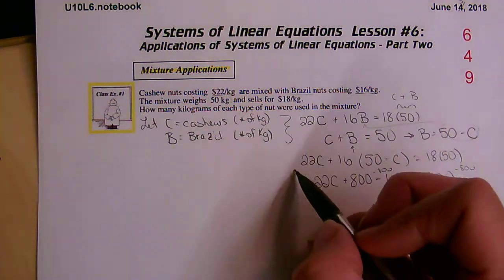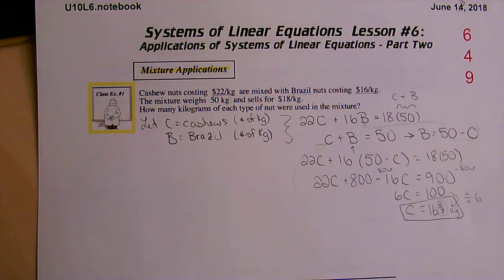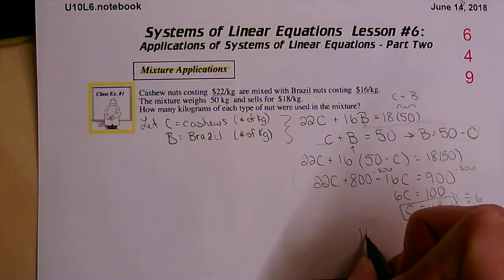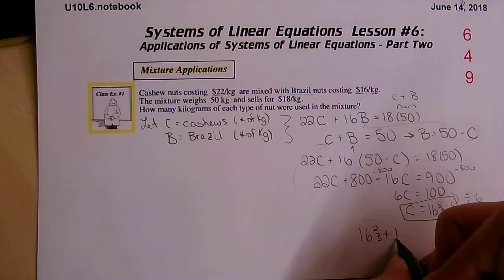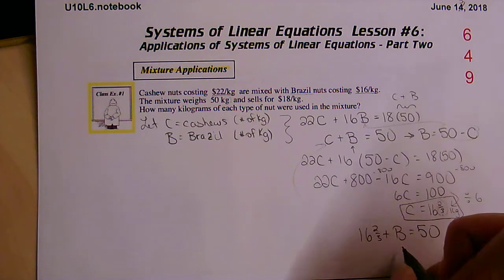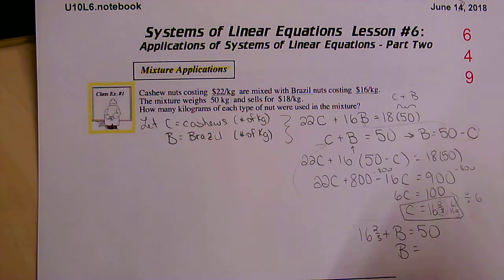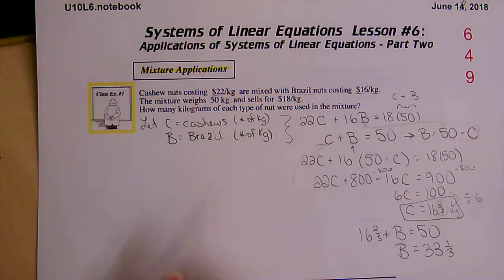Now I'm going to use one of my original equations to solve for B. So 16 and 2/3 plus B is equal to 50. Okay. And so then when you do the math there, it's going to be 33.33333 repeating, which that 0.33 repeating is, of course, the 1/3.